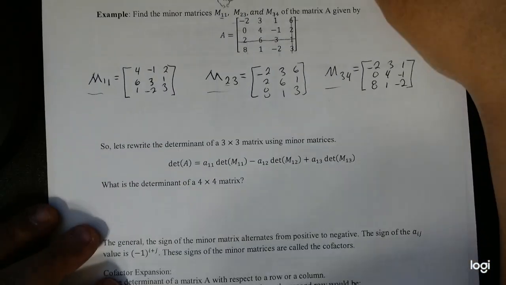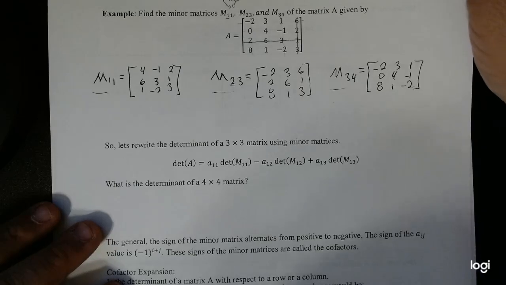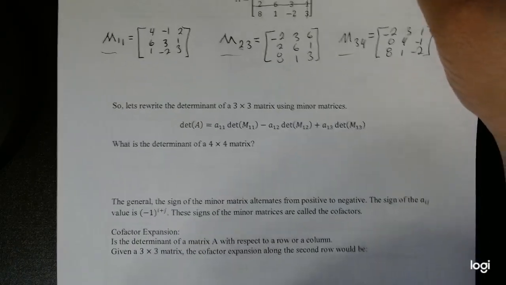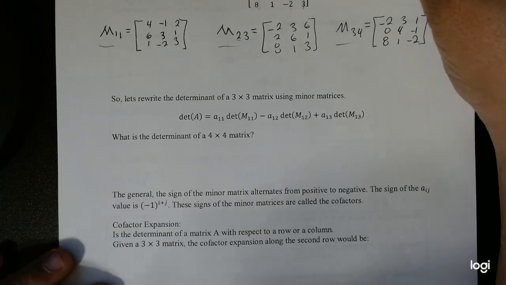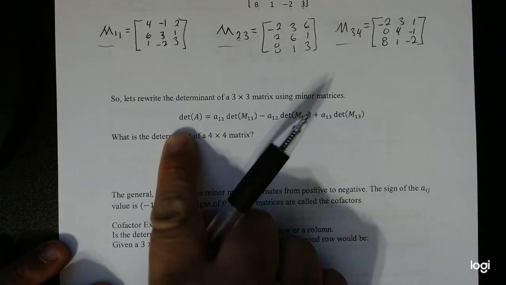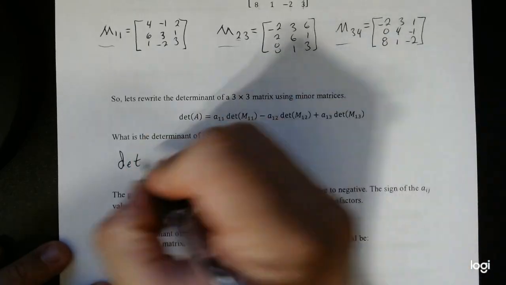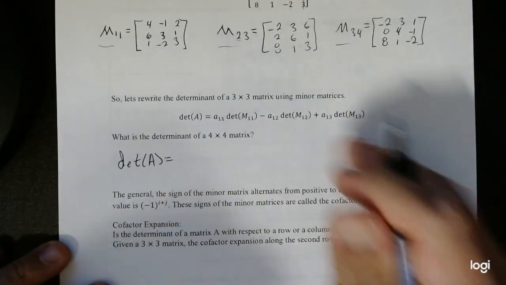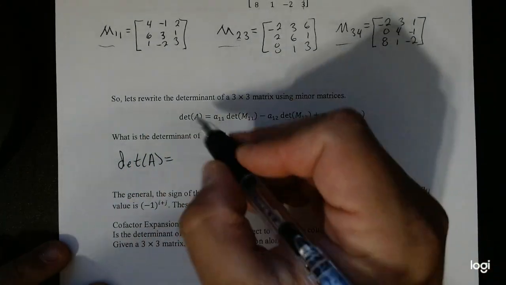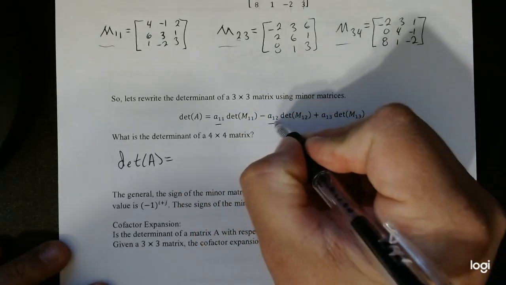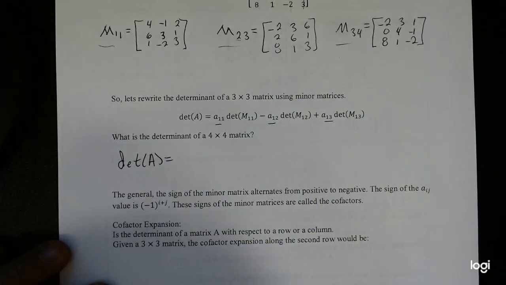Okay. So the question now becomes, what if I asked you to find the determinant of a 4 by 4 matrix? Can you just rewrite the actual equation you would use to break this apart using this type of pattern? Okay. So the determinant of this 4 by 4 matrix A would be, well, if you notice again, it's always the first row values themselves.